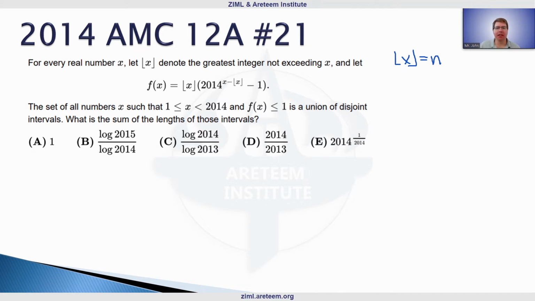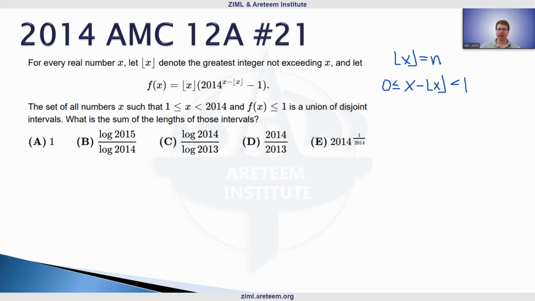And the thing that I want to note here then too is that this x minus the floor of x, or x minus n portion, is between 0 and 1. This is oftentimes called the fractional part, but let's not mess with the notation here. That gives us a picture of what's going on in this case.